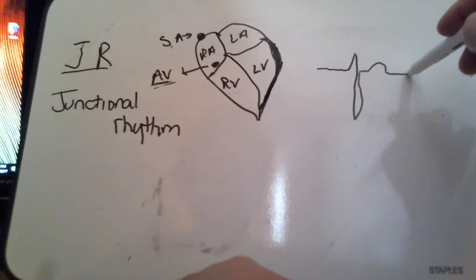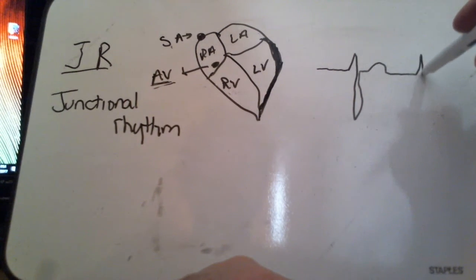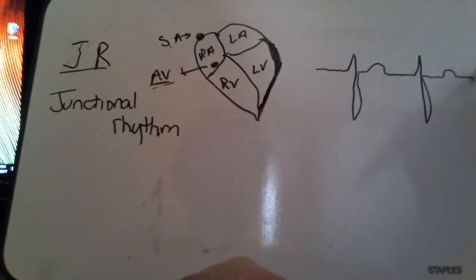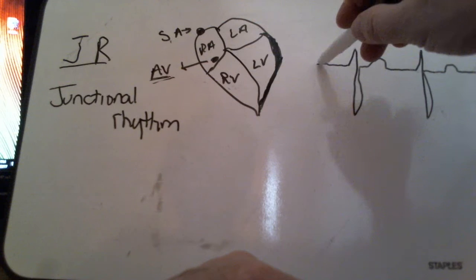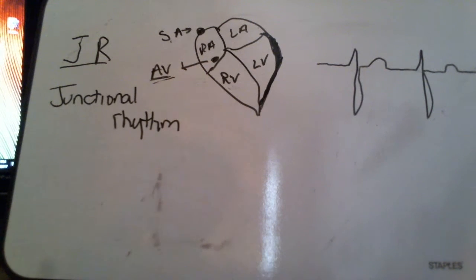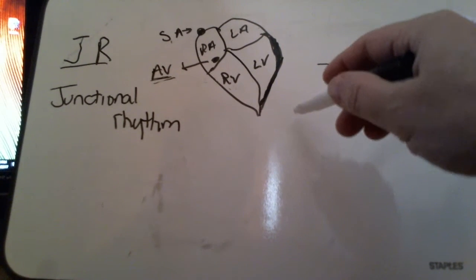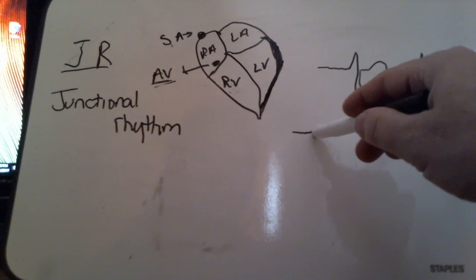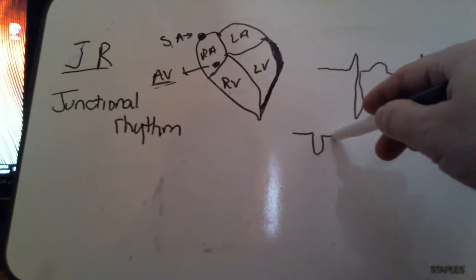followed by a right side up or positive T wave, and there'd just be no P wave, no PR interval, and no P wave. The other thing that can happen is we can have what's called a retrograde or inverted P, and it will look something like this.